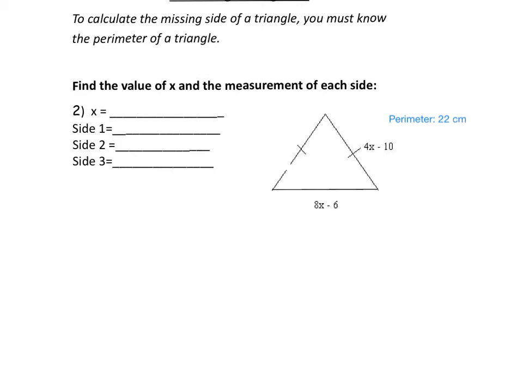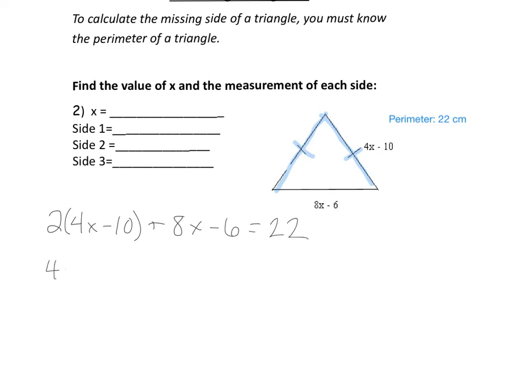We're going to use this information to solve for x and then for all three sides. We need to note that this side and this side are the same. We know it because they have those little hash marks on the side to indicate that they are the same. So we have two sides that are 4x minus 10, and one side that is 8x minus 6. And the perimeter has to be 22.